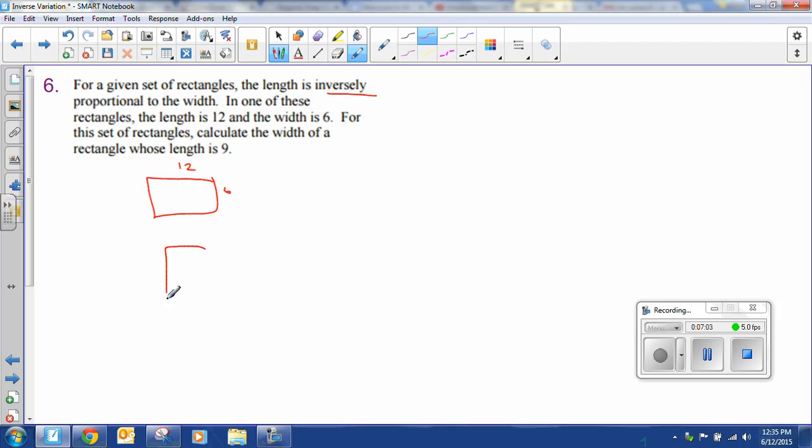So just like before, we multiply 6 times 12 equals 9 times W. That's 72 equals 9W. Divide both sides by 9, and W equals 8.